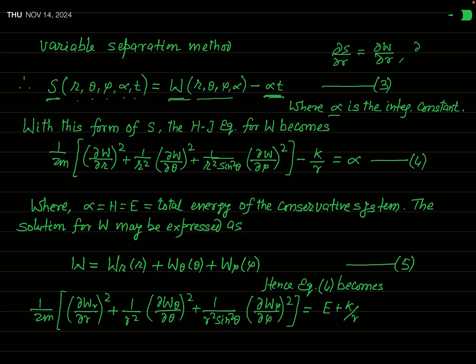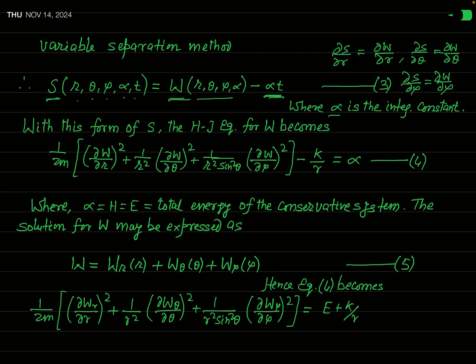Similarly, del S by del theta will also be equal to del W by del theta, because this last term is not a function of theta. And del S by del phi will be equal to del W by del phi.